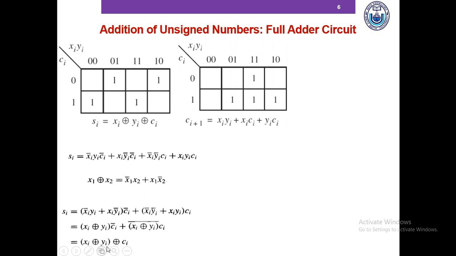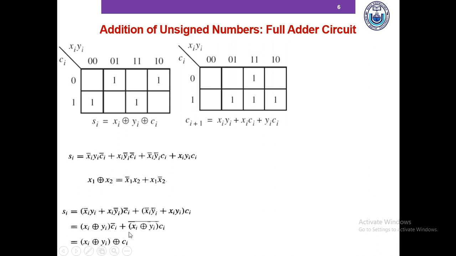I have shown the derivation here, how I arrive from the expression derived from the Karnaugh map to the XOR format. So this is x1 not x2 plus x1 x2 not, which is the Xi XOR Yi, and similarly we can apply XNOR here, which is x0 y0 plus xy, which is why we can replace it with XNOR.